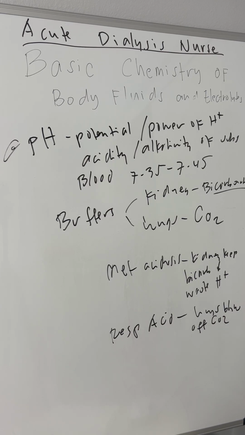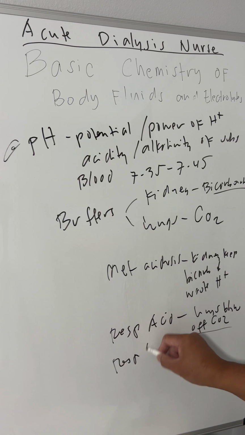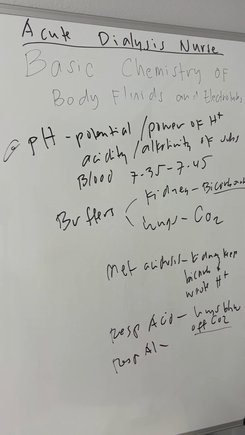Or if they're on the machine, they increase the respiratory rate just to blow off the excess CO2, because CO2 is acidic. How about if it's respiratory alkalosis? The lungs will keep CO2. What does that mean? They will hypoventilate just to keep the extra CO2 in the blood.